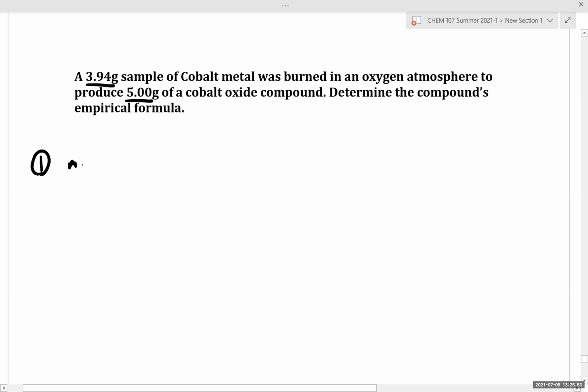What is the mass of metal? Let's just highlight the attainable pieces of information. What is our mass of metal, which in this case is cobalt? What mass of metal do we have? Yep, 3.94 grams. Okay, and what is the molar mass of cobalt? So if we look in the periodic table and we find cobalt, what is the molar mass of cobalt?